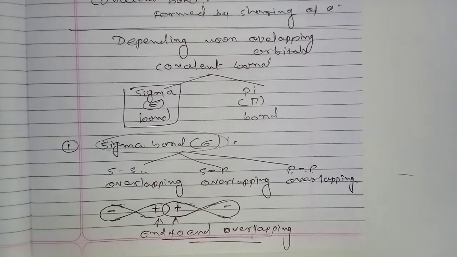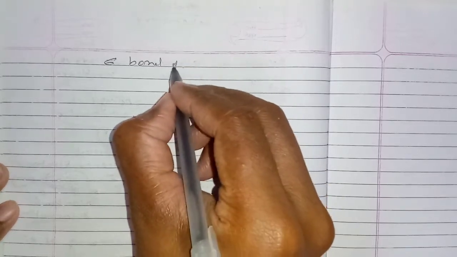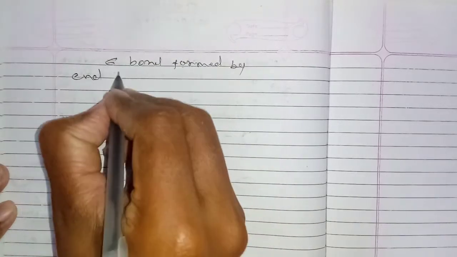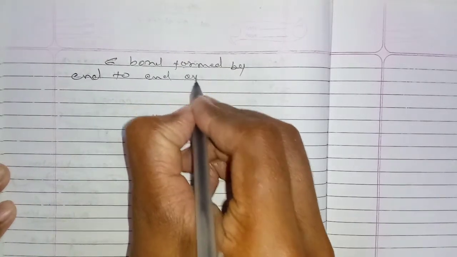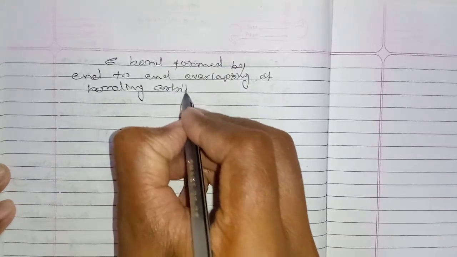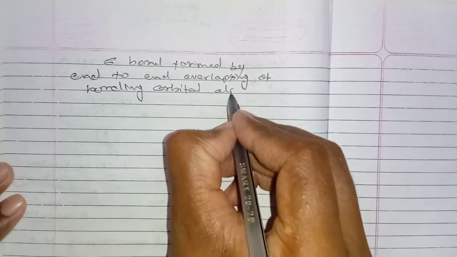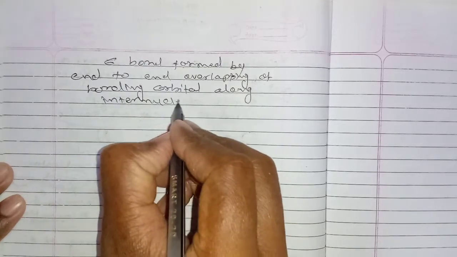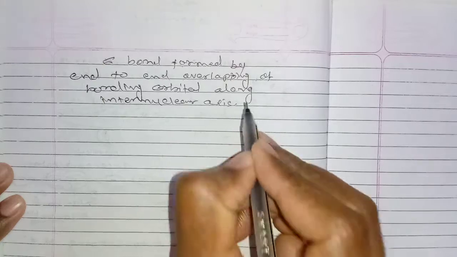Okay, so the sigma bond is formed by end-to-end overlapping of bonding orbitals along the internuclear axis.